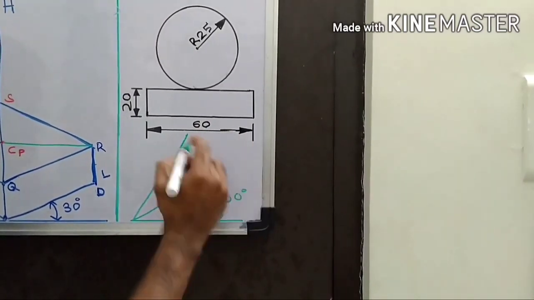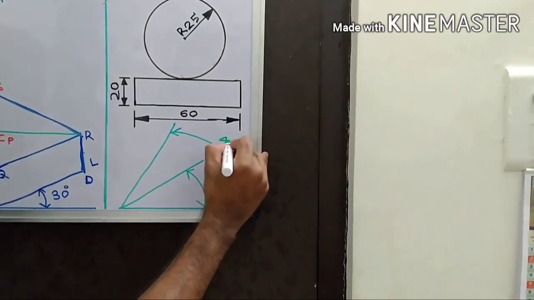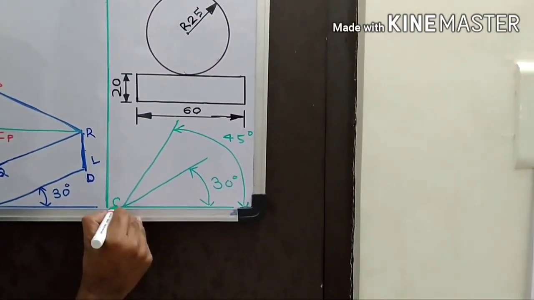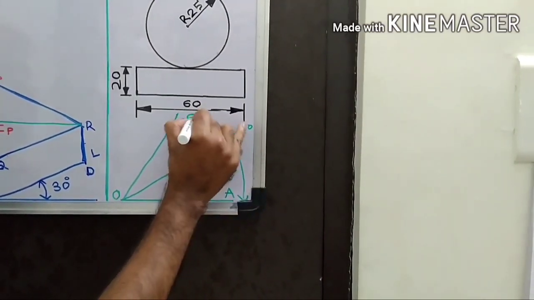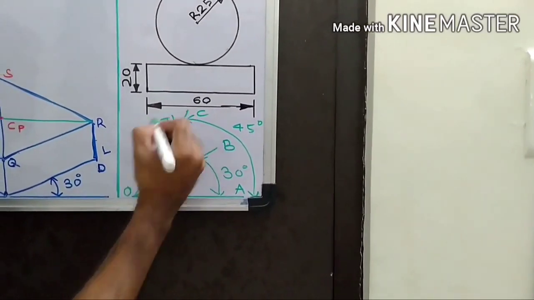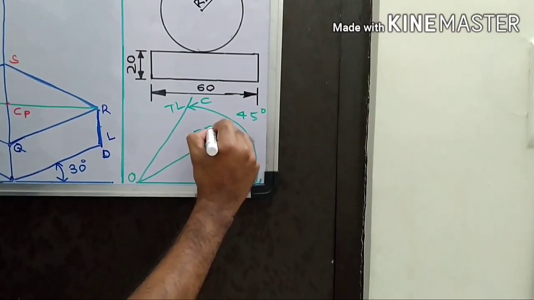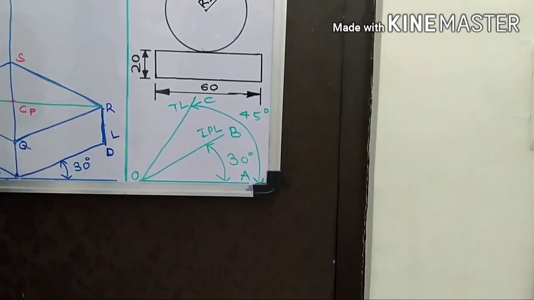What about this angle? 45. Now this is O, A, B, C. Now the OC line is the true length, and the OB line is the isometric projection length, IPL.